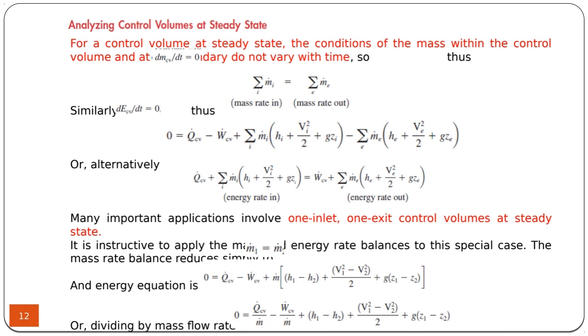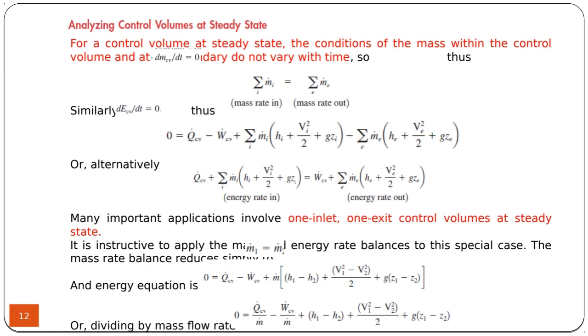If there is only one inlet and one exit, then we do not have to use the summation sign. By doing this, the net Q and W and the energy of the streams in and out of the system change per unit time is going to be 0 because it's steady state.